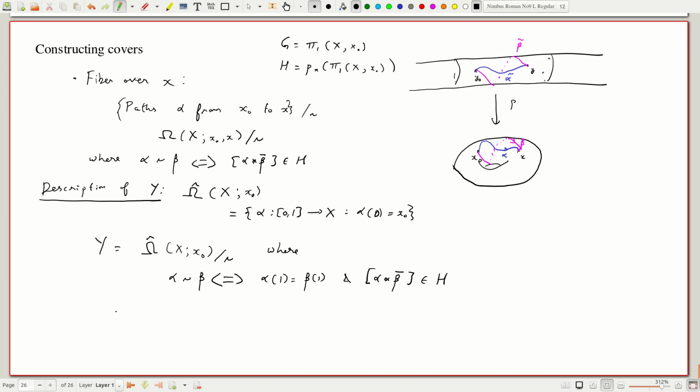Okay. So Y consists of fibers. So of course we have P mapping Y to X given by P of alpha is just alpha of 1. By definition, this is well defined because if two things are equivalent, their endpoints are the same. Okay, this is well defined, and also P is surjective. Not always, but it's obvious that this is true if and only if X is path connected.